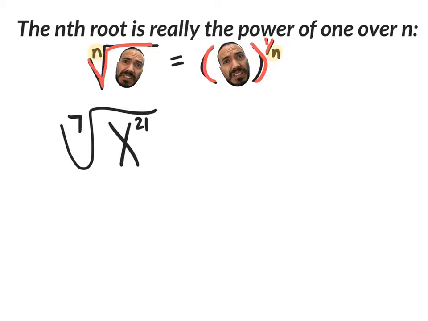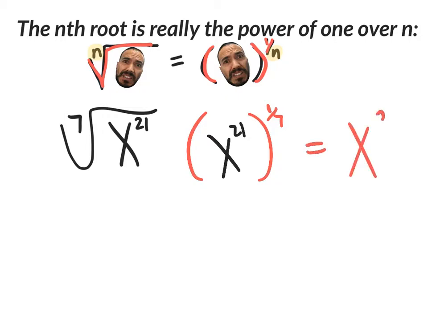So I'm going to rewrite this as x to the 21 to what power, guys? To the power of 1/7. Now when you multiply 21 times 1/7, that's really simply saying 21 divided by 7. So that's just 3. X to the 3rd is your answer.